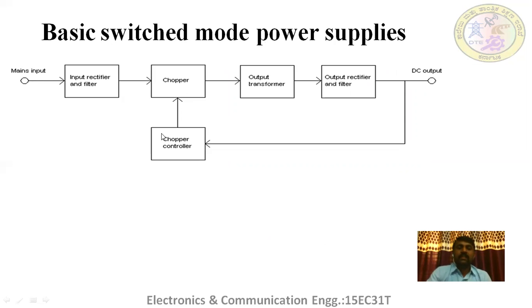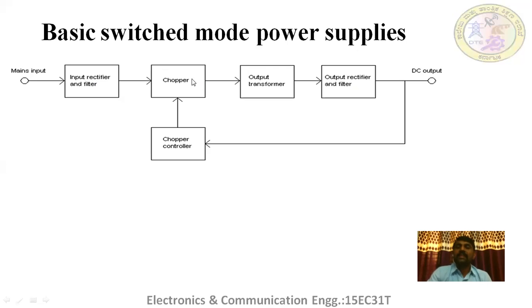Here I am trying to explain how the switched mode power supply works. From the mains, the AC is rectified and filtered by using a rectifier and filter. The chopper is a switch that converts the constant unregulated voltage from the rectifier filter into pulsating voltage, pulsed voltage, discrete voltage.